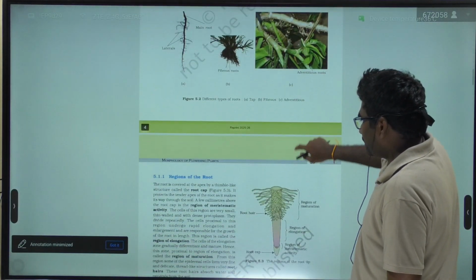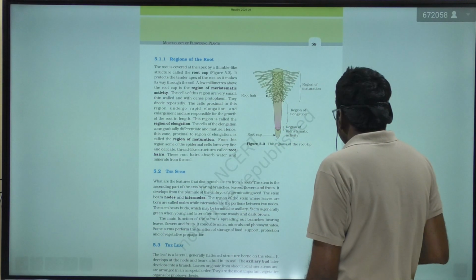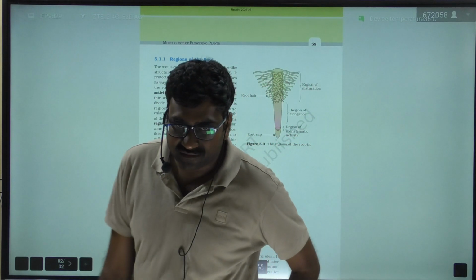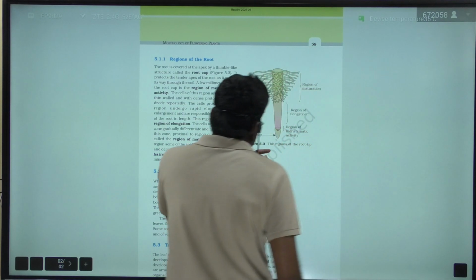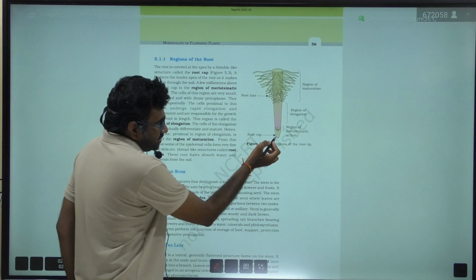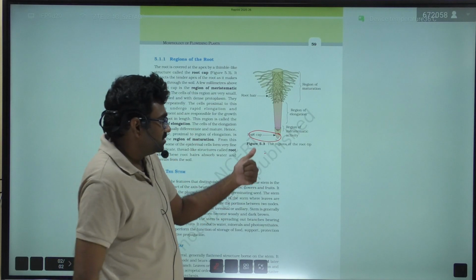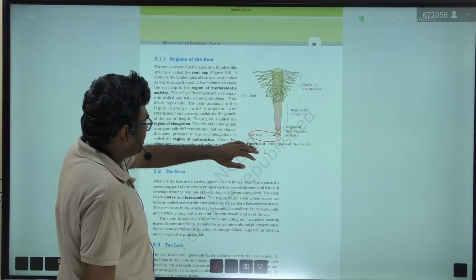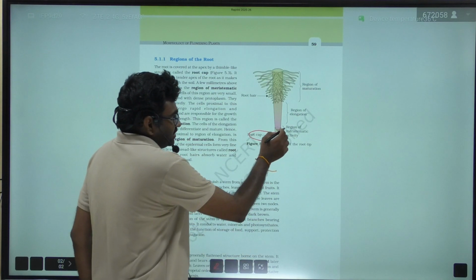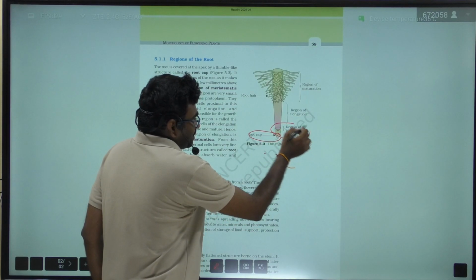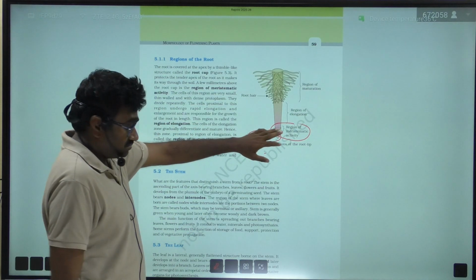Then come to the regions of the root, very important from the objective NEET point of view. The root apex is covered by a thimble-like structure known as the root cap. Proximal to this root cap there is a region of meristematic activity.